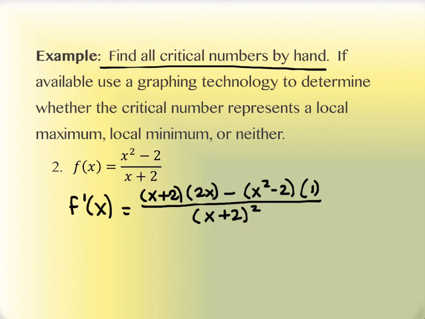Okay, so that's the version that you left it in when you were working on your basic skills quizzes, right? All right, so we're going to clean up the numerator now. If I clean that up, I have, let's see, 2x squared plus 4x minus x squared plus 2. Did I get all the pieces in there okay?